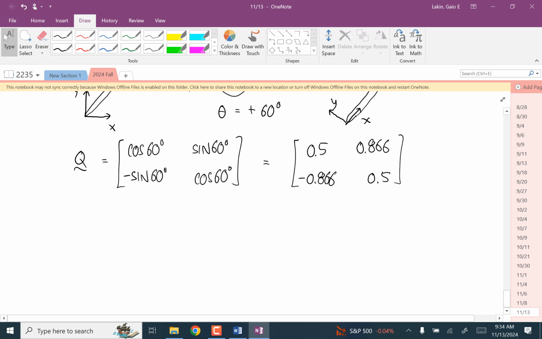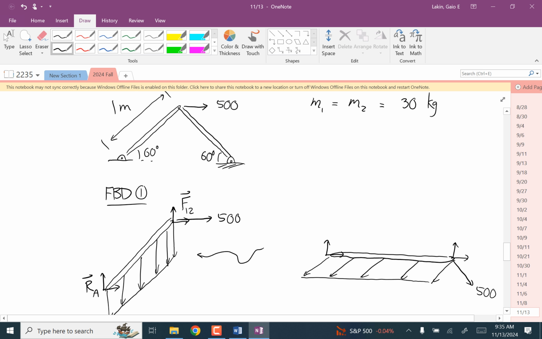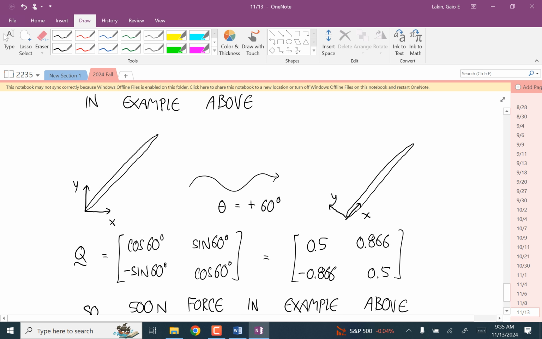And so that 500 Newton force in the example above, what are the vector components of this 500 in the original coordinate system? 500, 0.